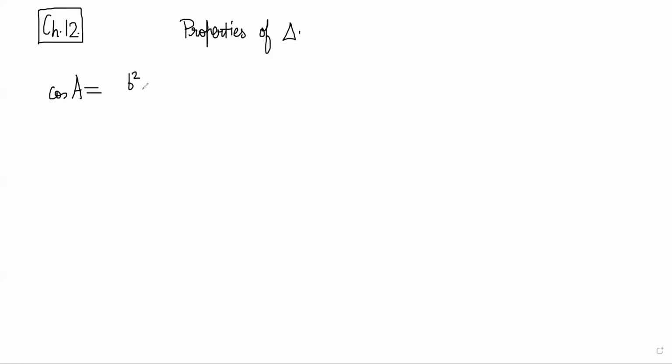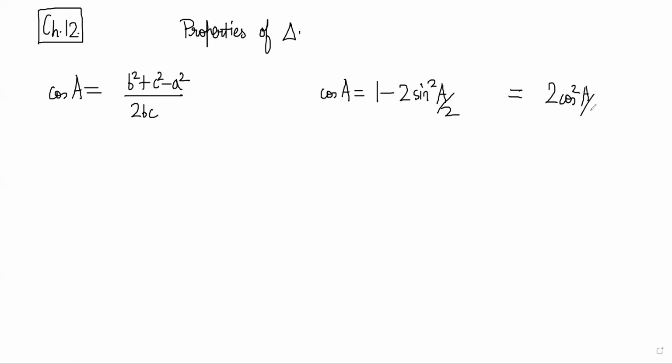Cos A is b square plus c square minus a square by 2bc. Using the identity cos A is equal to 1 minus 2 sine square A by 2 or 2 cos square A by 2 minus 1, we can find formulas for sine A by 2 and cos A by 2. Yes, sir.